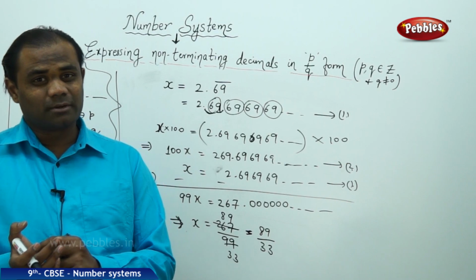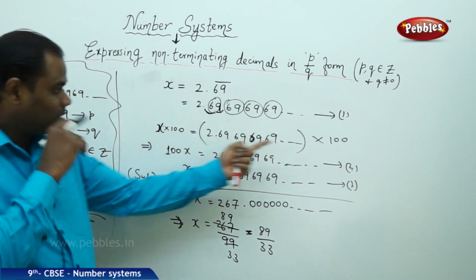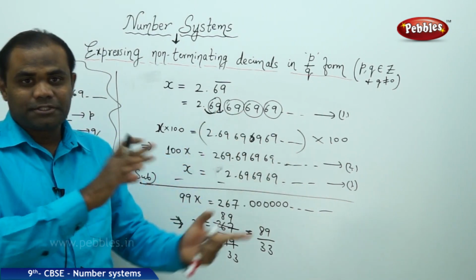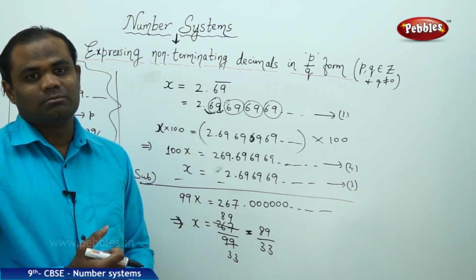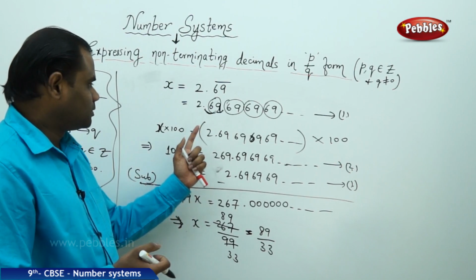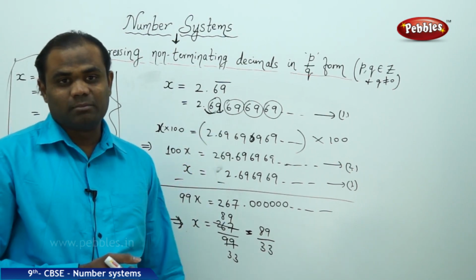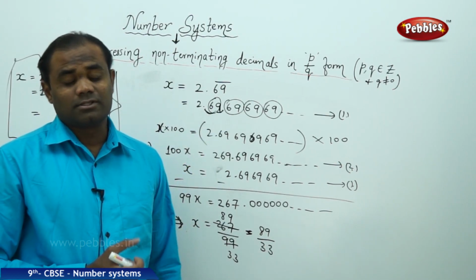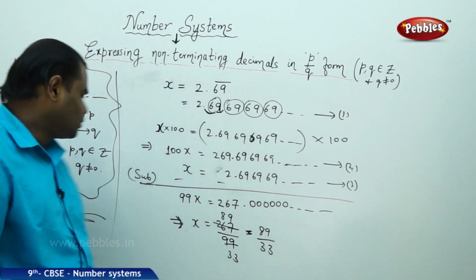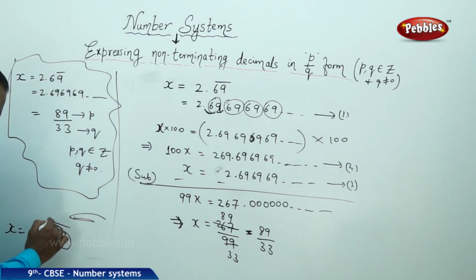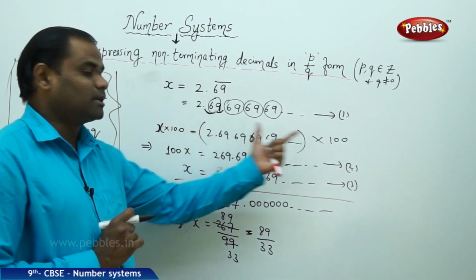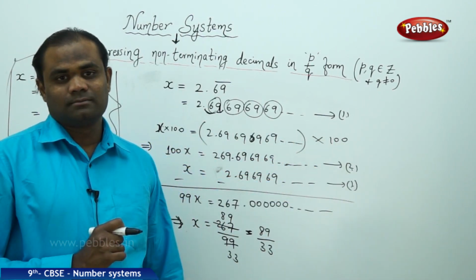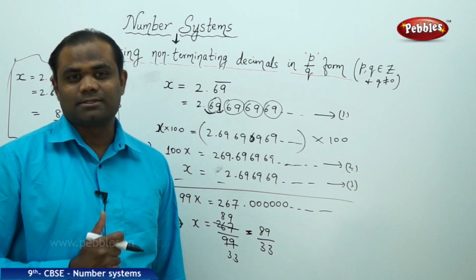Because there are 3 digits repeating, the concept of multiplying by 100 for 2 digits shifts to multiplying by 1000 on both sides, because 3 zeros make 3 digits shifted by the decimal to the right. This is how we understand accordingly, through the number of digits which have the bar, the number of zeros which we multiply on both sides, is how we understand the tricky concept.